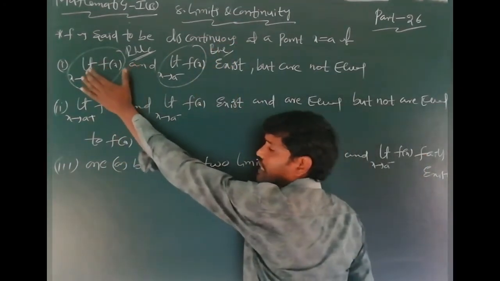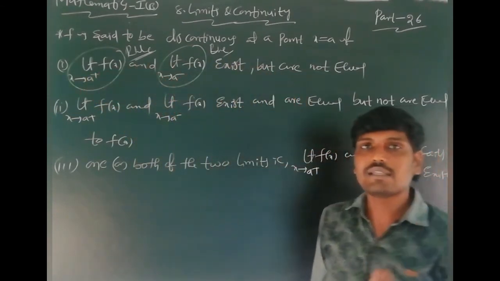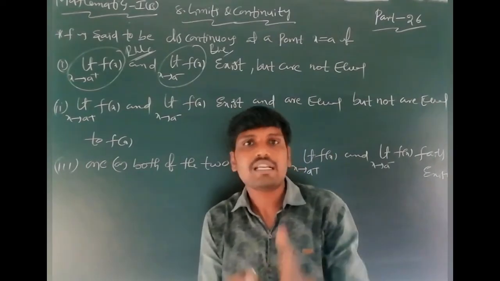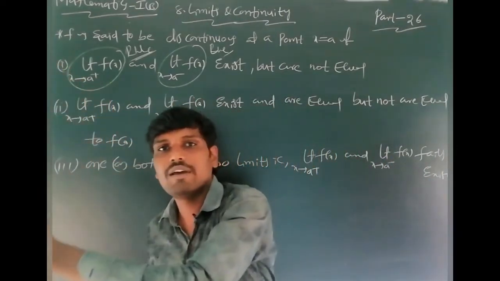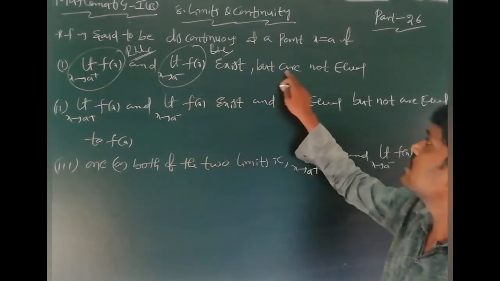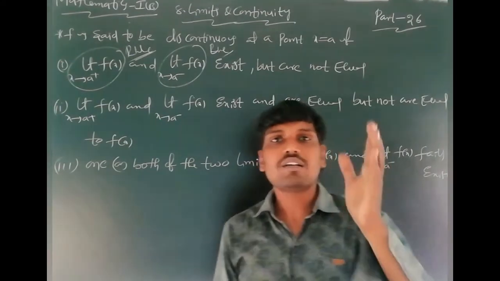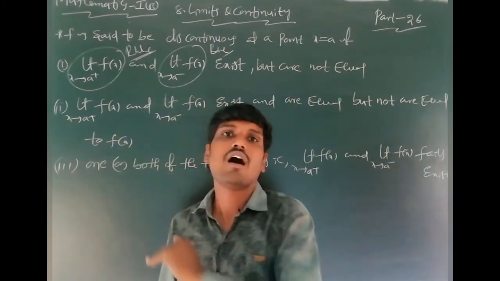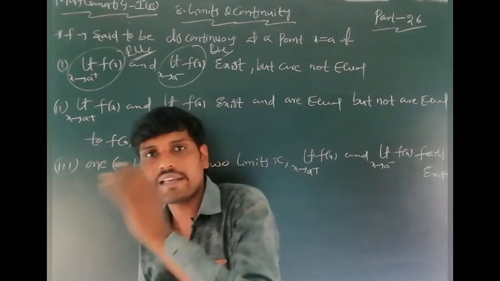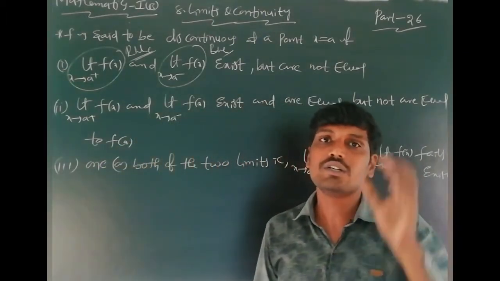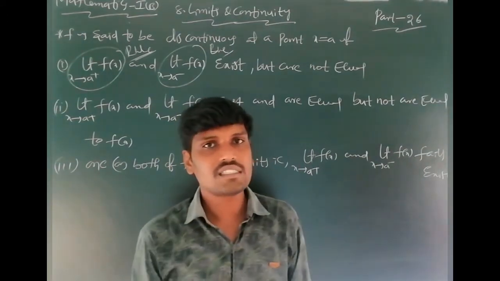Both the left hand limit and right hand limit exist for the given function, but are not equal. They just exist, but LHL value is not equal to RHL. In this case f of x is discontinuous at x is equal to A.